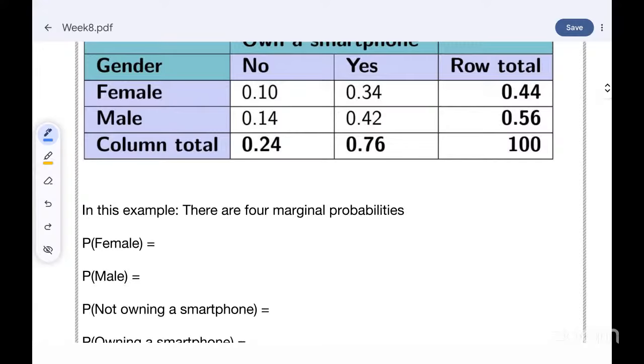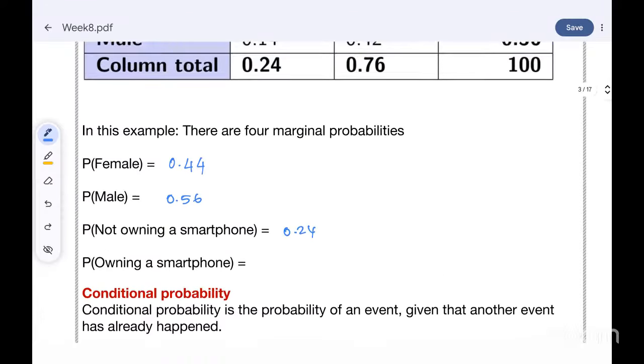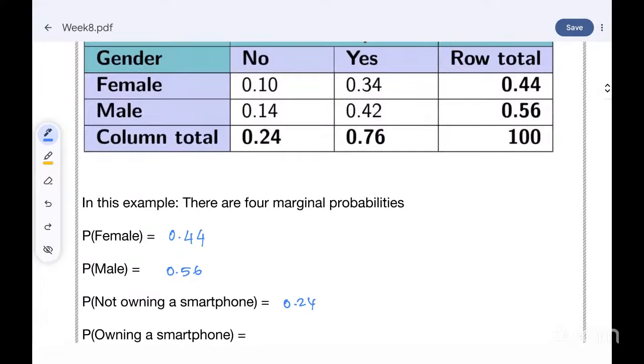0.44. Similarly, what is the probability of male? 0.56. Probability of not owning a smartphone, irrespective of the gender? 0.24. And probability of owning a smartphone? 0.76.